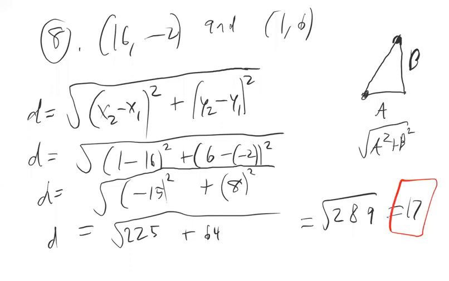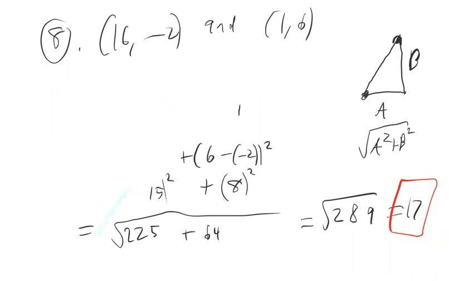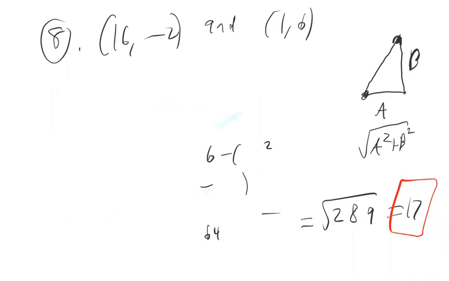And now the midpoint. So let me go ahead and erase the distance part of it so I can do the midpoint now. So the midpoint formula, it looks scary and complicated, but it's really not that complicated. It's actually just the average of the 2 points.